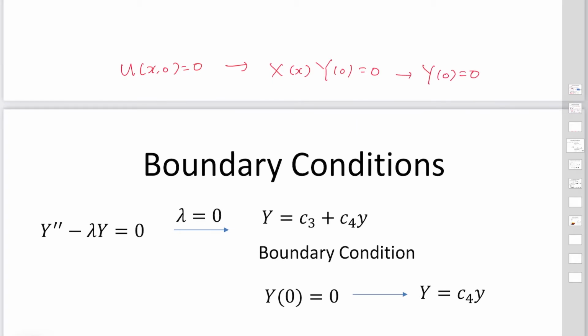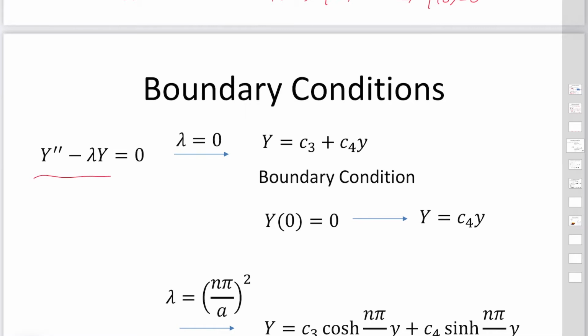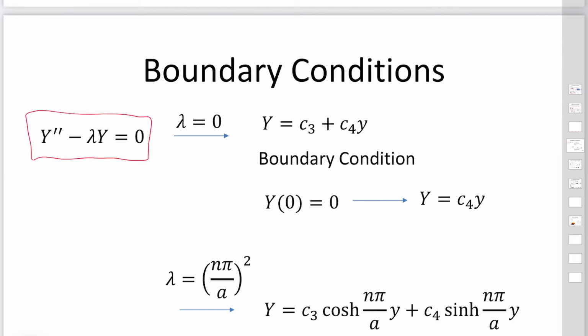We apply this boundary condition to find the expression for capital Y. If we consider lambda equals 0, you can easily solve for capital Y as C sub 3 plus C sub 4 y. If you apply the boundary condition Y(0) equals 0, you find C sub 3 equals 0. Then Y is expressed as C sub 4 times y.